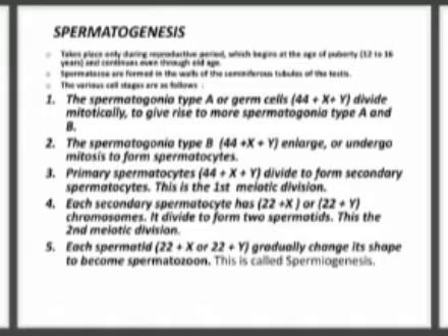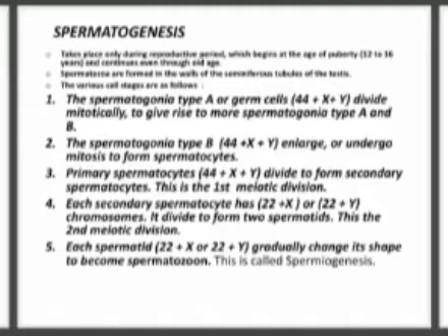The spermatozoa are formed in the walls of the seminiferous tubules of the testes. The testis is a coiled structure with the seminiferous tubules. The various cell stages are as follows.